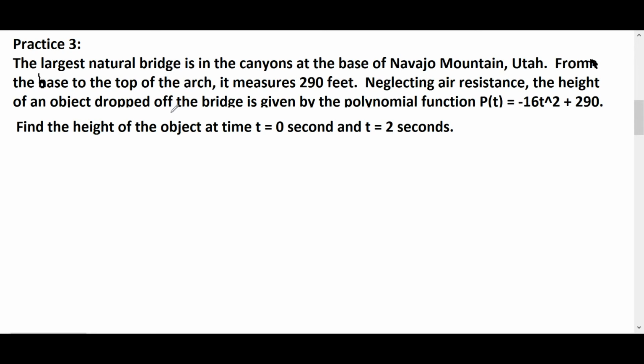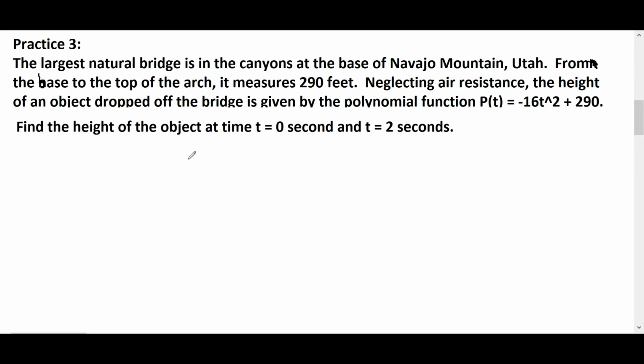Neglecting air resistance, the height of an object dropped off the bridge is given by the polynomial function negative 16t to the 2nd plus 290. Find the height of the object at time t equals 0 seconds and t equals 2 seconds.